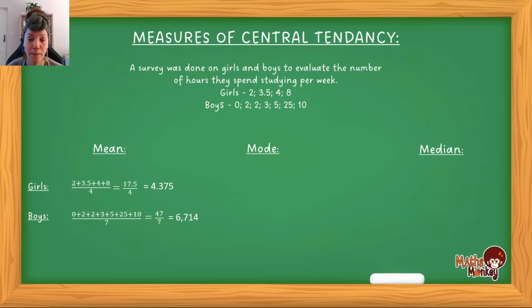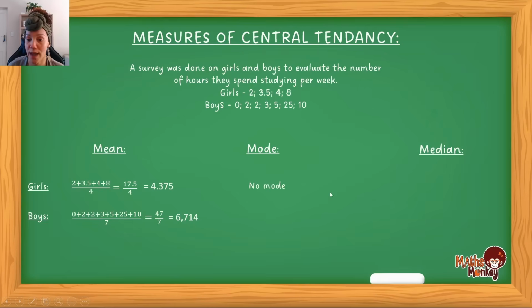That's fairly simple. The mode now is again the value that appears the most. I always tell my students MO: the value that appears the most is the mode, because it's easy to get confused with all these M's and knowing what calculation to do when. So for mode, we're going to look at which value appears the most. If you look at the girls, you'll see that all of these values are different, so none of them appear more than once.